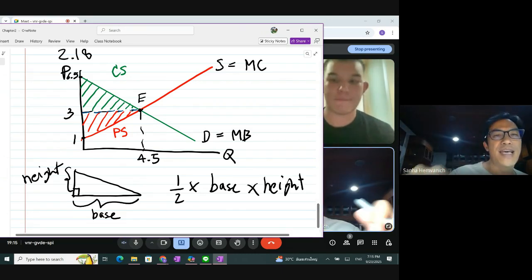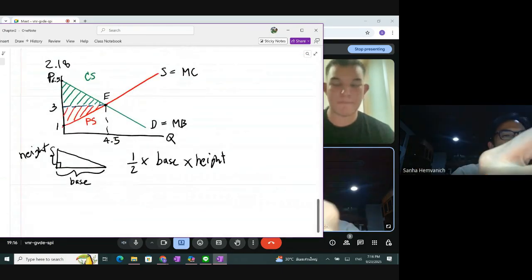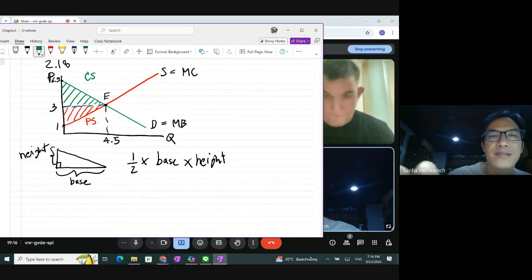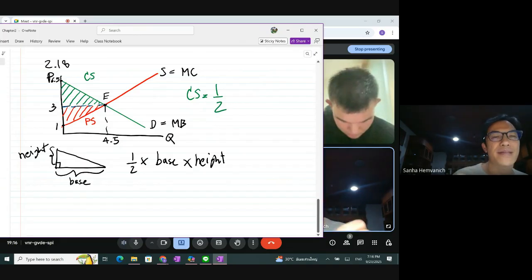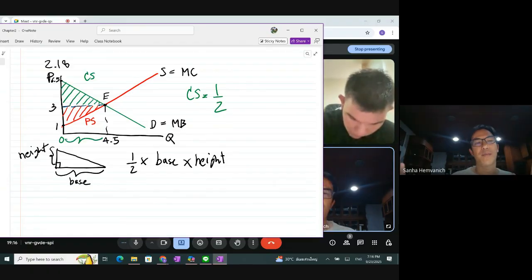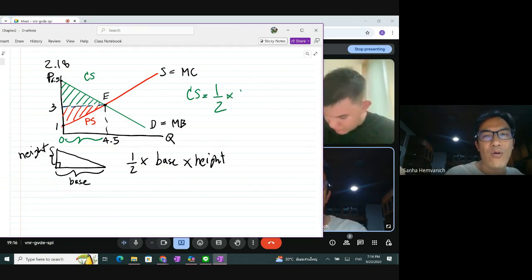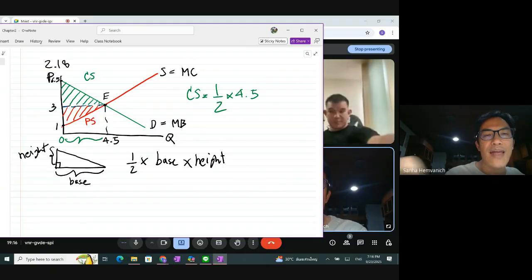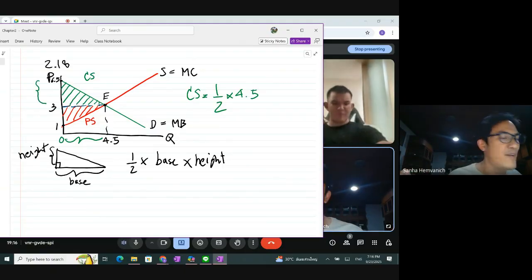So for the CS, consumer surplus is equal to 1/2 the base. The base of the green triangle is equivalent to the length from 0 to 4.5. So we multiply the base 4.5, and the height is the difference between 6.5 and 3.